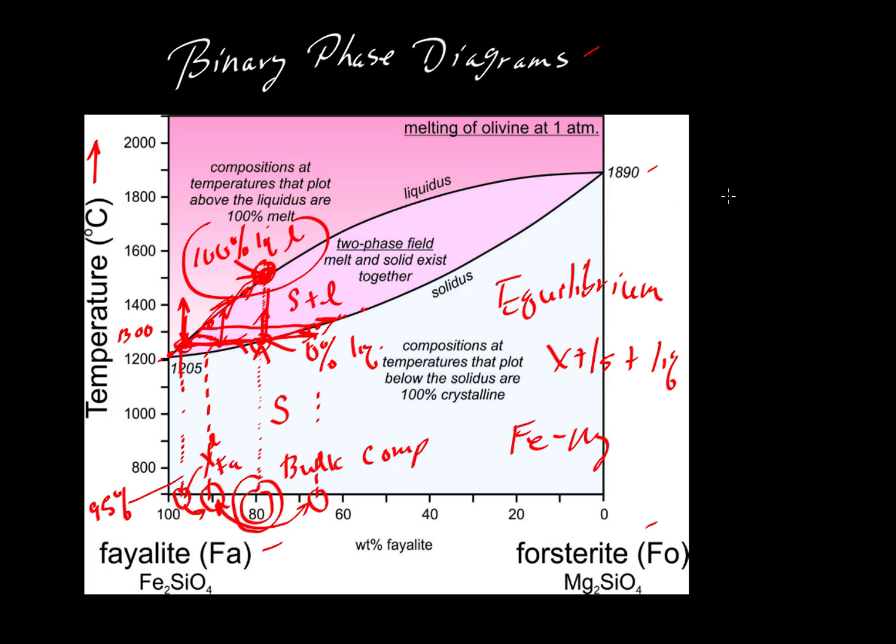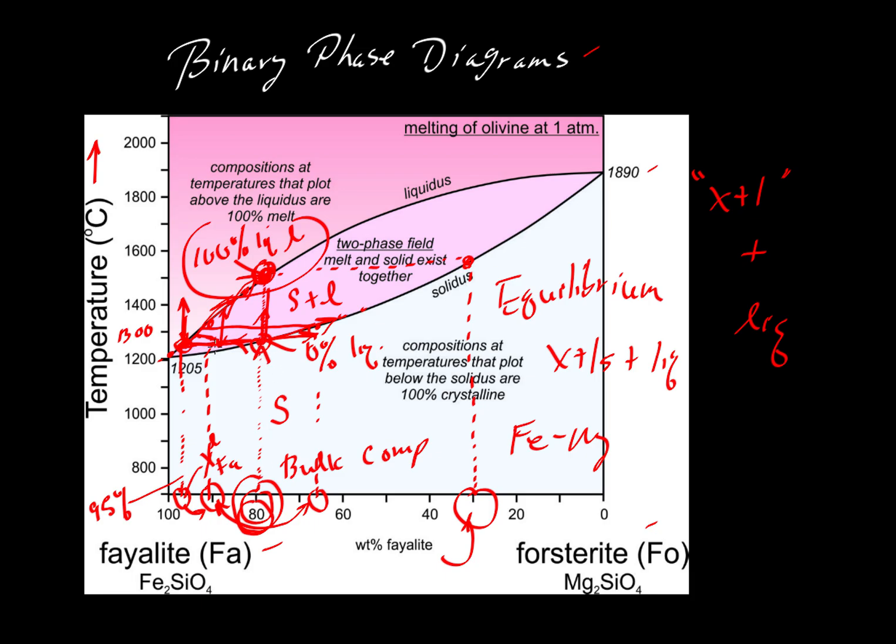If we ever want to know what crystal would be matched with what liquid, I'm using XTL as an abbreviation for crystal, we can just draw a horizontal line. The very last crystals that we would have would be something close to, it looks like, about 30% fayalite. So we started out with something that was 80% fayalite.